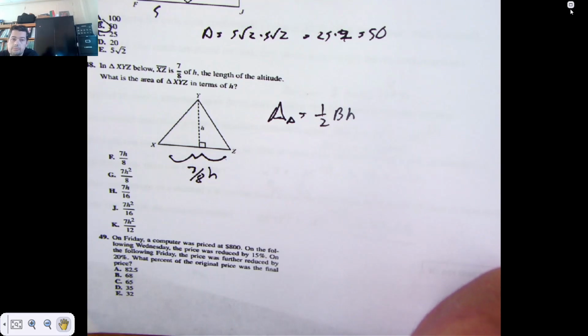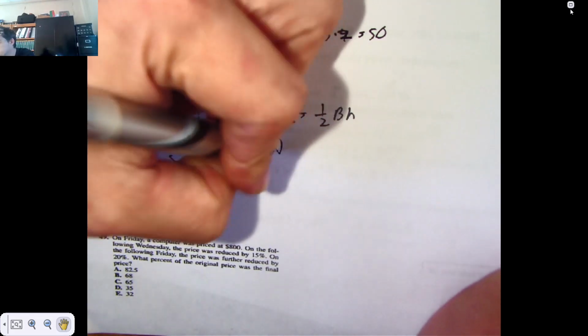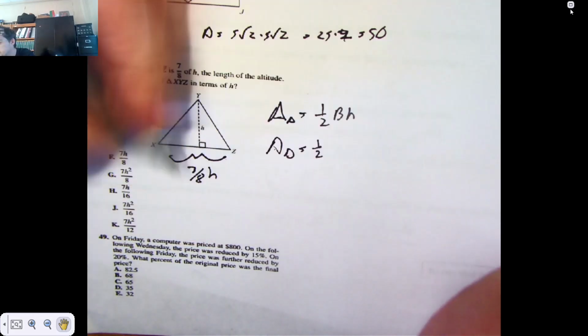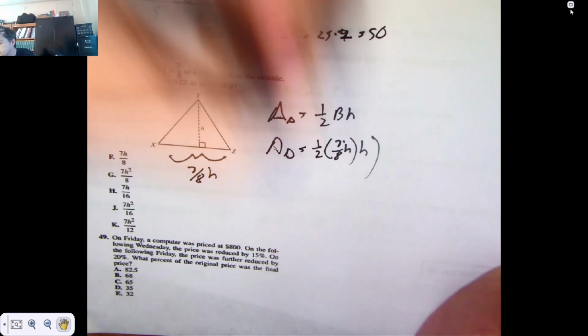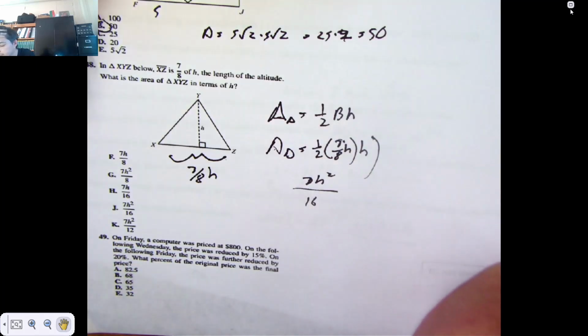And they said that this thing was 7/8 of H. So the area of this triangle has to be 1/2 the base, which is 7/8 the height, times the height. This is easy. 1 times 7 is 7. H times H is H squared. 2 times 8 is 16.